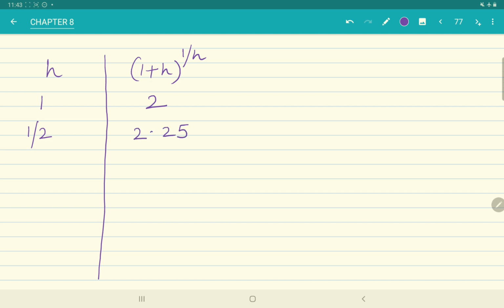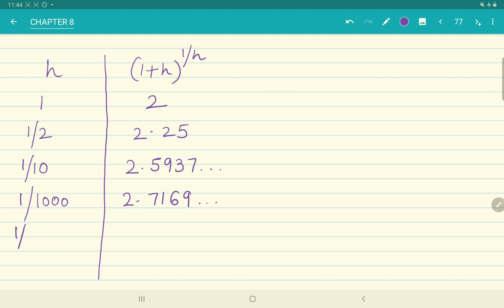2.25. If I now go for 1 by 10, if I take h as 1 by 10, 1 plus h raised to the power 1 by h will turn out to be 2.5937, and it goes on. If I go for 1 by 1000, I have 2.7169, and it goes on.